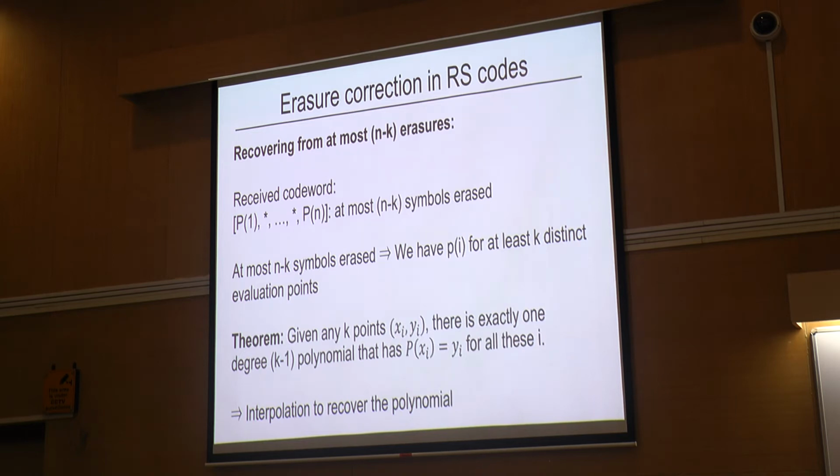And you can easily find this polynomial using interpolation. You might have heard about Lagrange interpolation, or there are other ways of interpolating. But basically, given k points, a degree k minus 1 polynomial is exactly determinable. So we can find that, and once we find the polynomial, we have the code word. And in all codes, once you know the code word, you can easily map it back to the message.